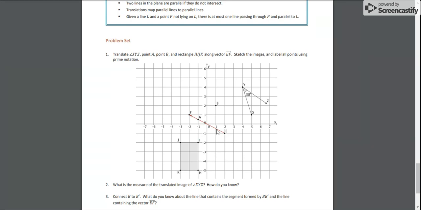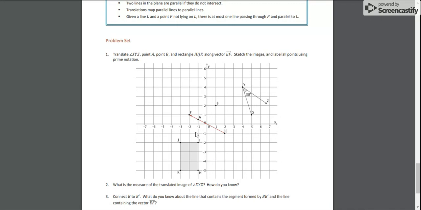So here's E, here's F, so I know that I am going to translate everything until E is on top of F. And then I have my transparency paper, and you are going to trace your X and your Y axes, trace your X and your Y, and then your origin.